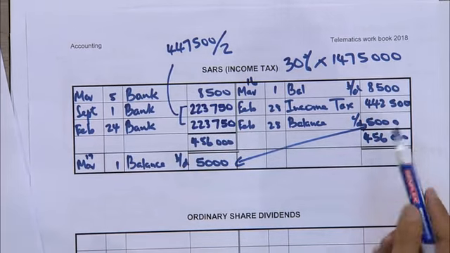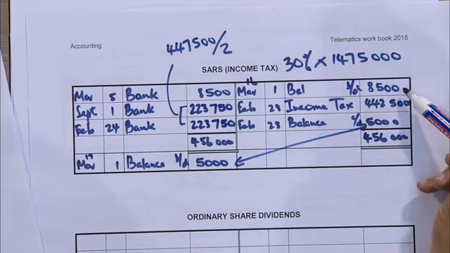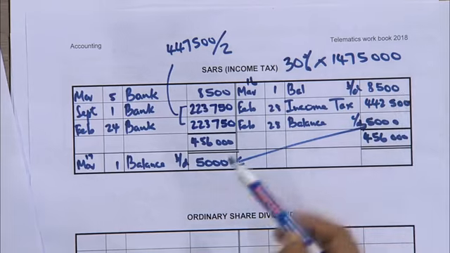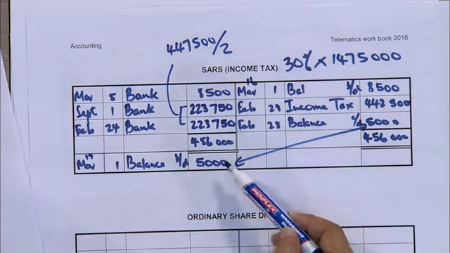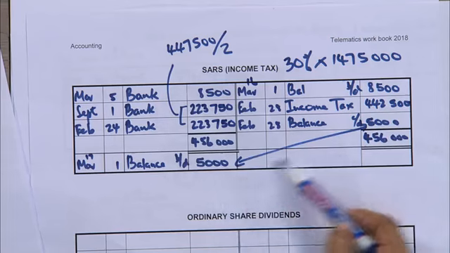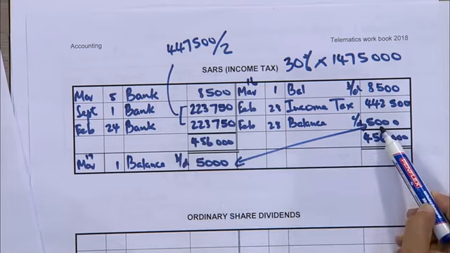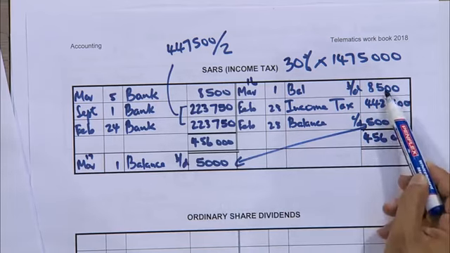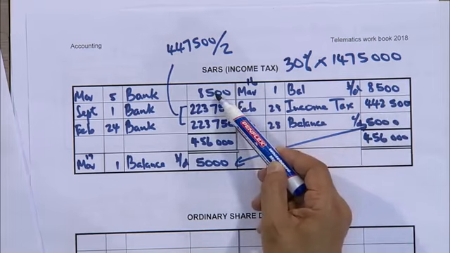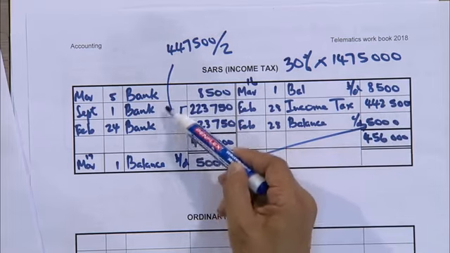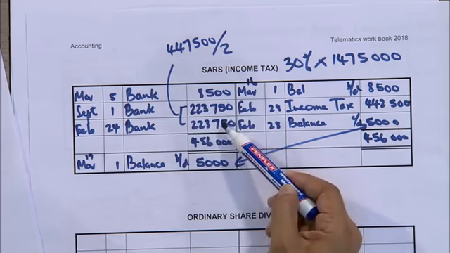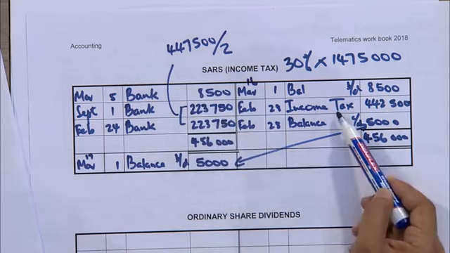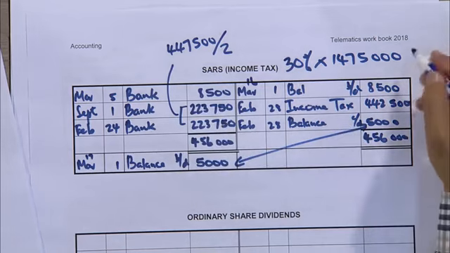Okay, so let's just go again quickly. They gave me the opening balance and they gave me the closing balance. So I'll work backwards. If it's on the debit side, then obviously it's from the credit side, CD. Then it says that SARS was paid the amount due that they owed from last year, and they made 2 provisional payments, but they never gave the amount. Then it says that the income tax is 30% of the net profit.